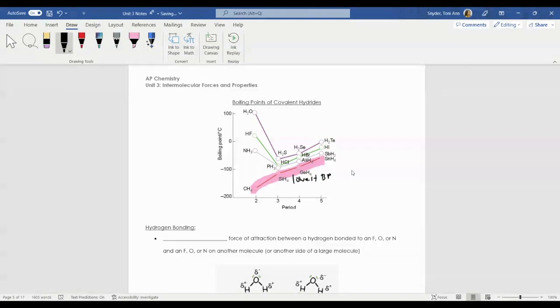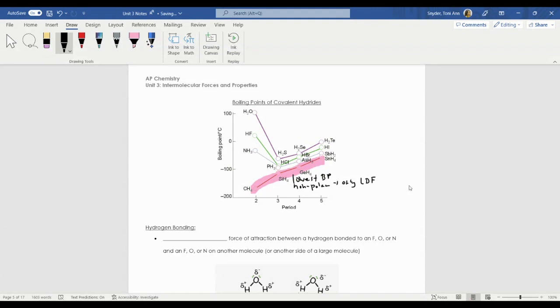So is silicon tetrahydride, germanium tetrahydride, and tin tetrahydride. All of these are nonpolar. So because they're nonpolar, they have no dipoles. These experience only London dispersion intermolecular forces of attraction, which we know are some of the weakest intermolecular forces.